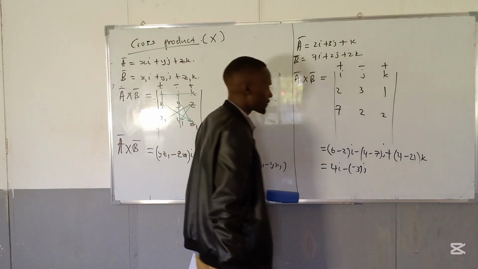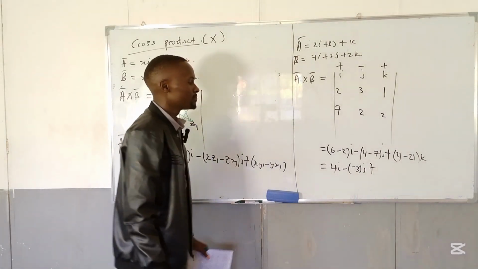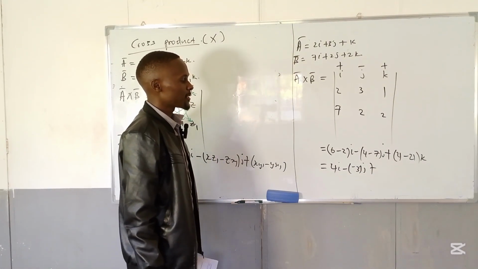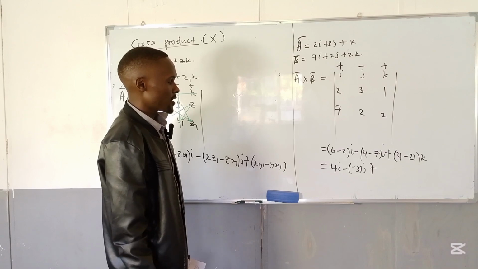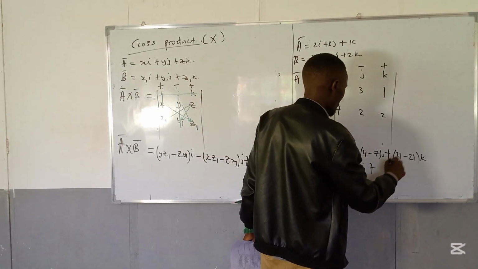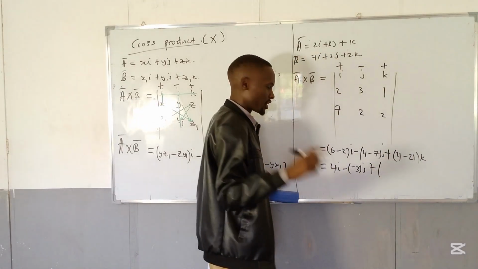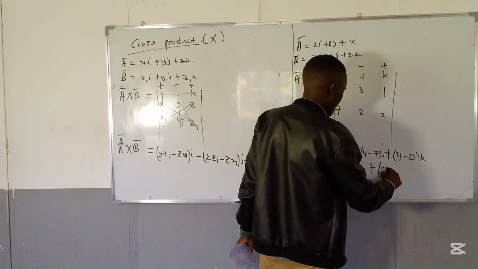Then j. Then 4 minus 21 will give us negative 17. You should not forget the negative, so we shall have negative 17.